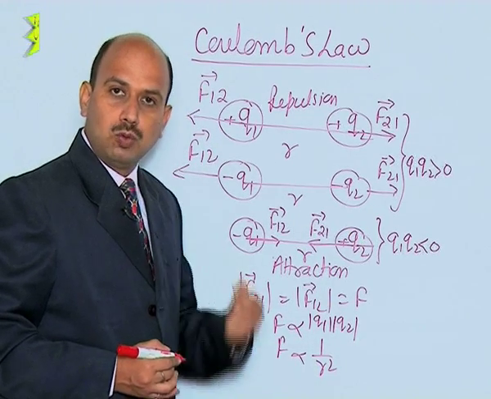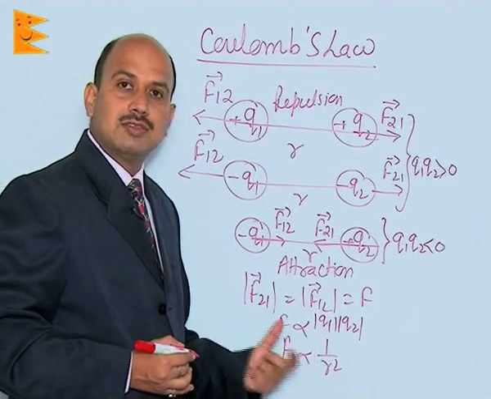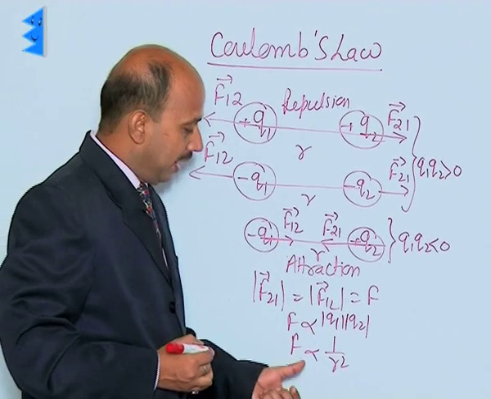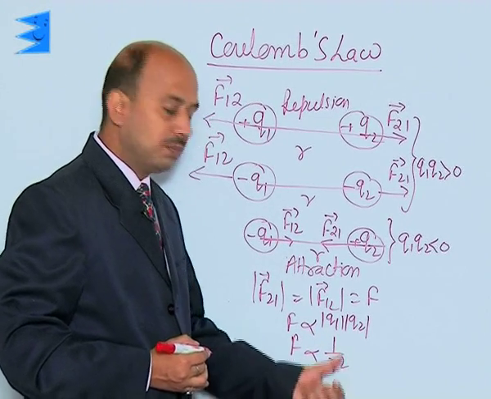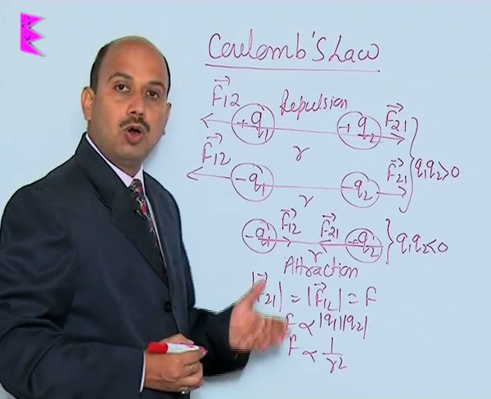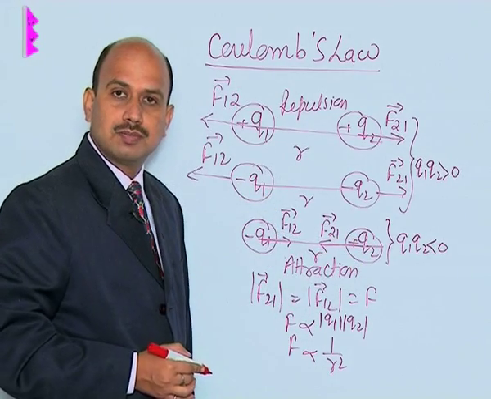So according to Coulomb's law, the force acting between two point charges is directly proportional to the product of the magnitude of the charges and inversely proportional to the square of the distance between them, and this force acts along the line joining the centers of the two charges.